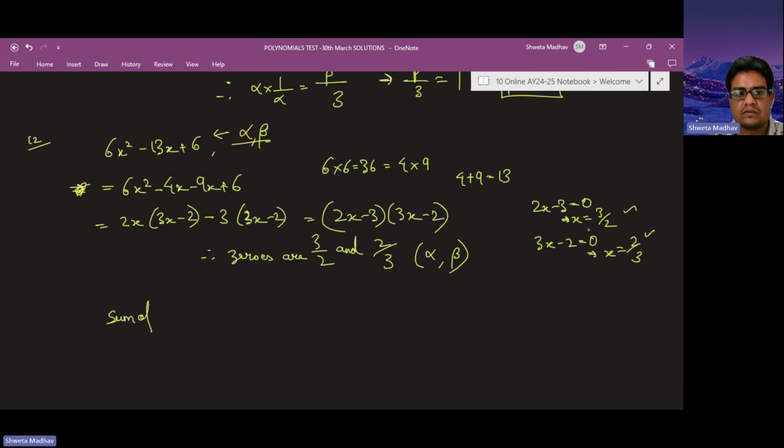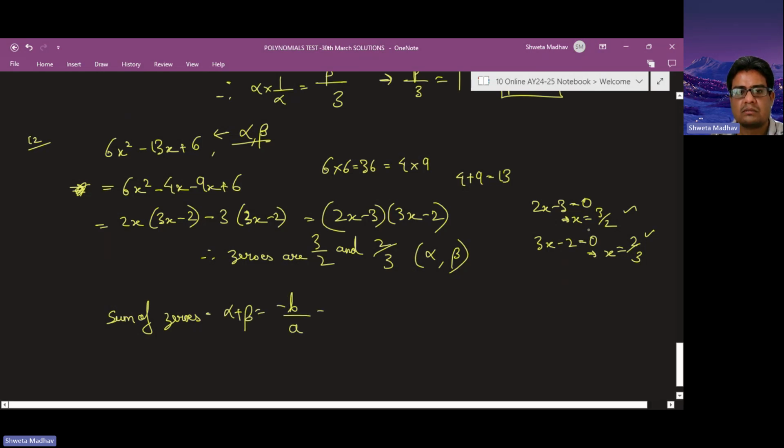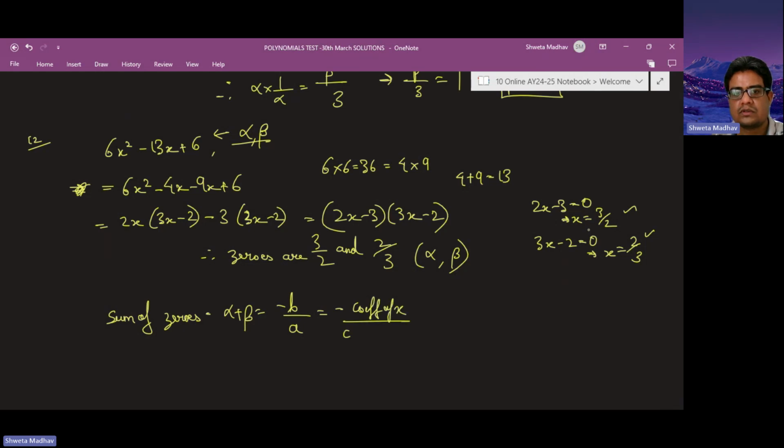So as we know, sum of the zeros, which is equal to alpha plus beta, that should be equal to minus of b by a, which is the minus of coefficient of x divided by coefficient of x square. So now here, alpha plus beta is equal to 3 by 2 plus 2 by 3.